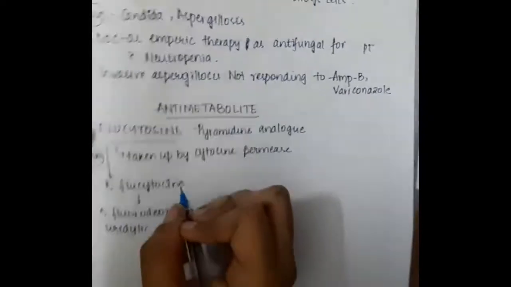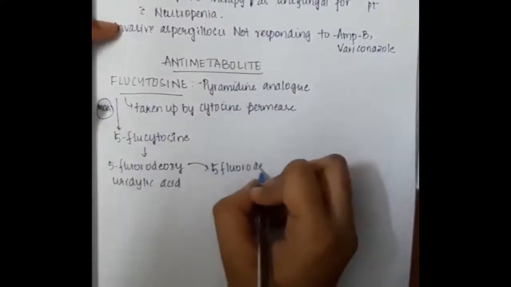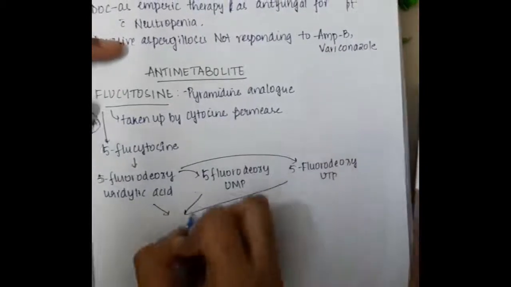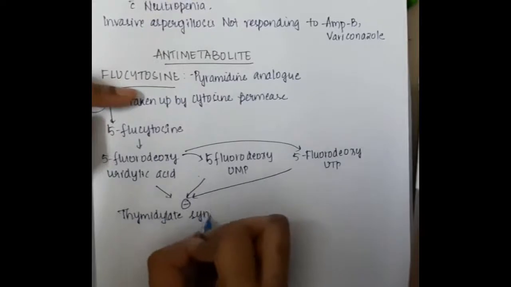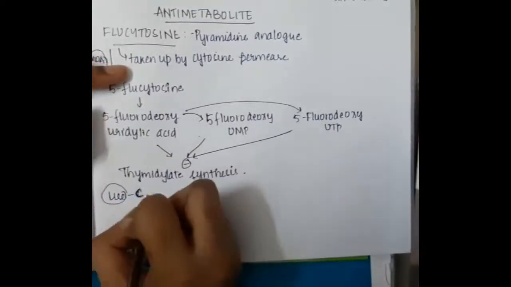This gets converted to 5-fluorodeoxyuridine monophosphate, and also to 5-fluorodeoxyuridine triphosphate, and all these will inhibit thymidylate synthesis.